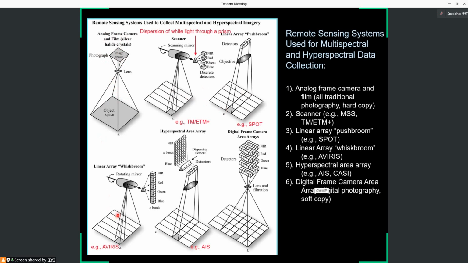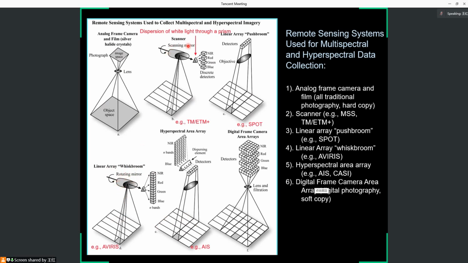And for the hyperspectral data, these two are for hyperspectral, say AVIRIS and AIS. They are also different. For AVIRIS, it uses a linear array with a whisk broom. The mirror is rotating.